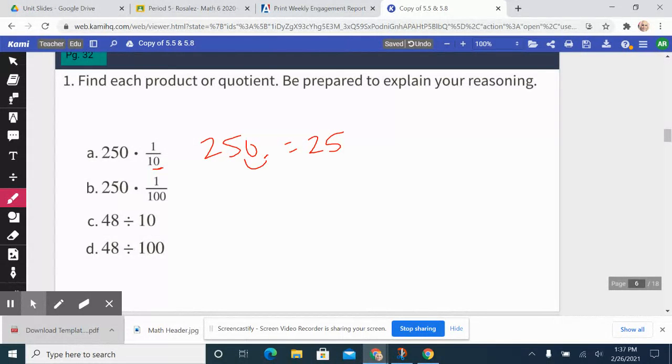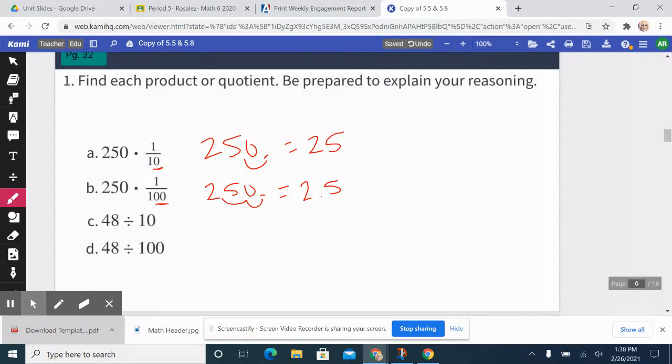Same thing that's going on here. Let's say I had 250 and I needed to do it to the 100th, right? So that's 2 decimal places. So however many zeros you see, that's how many decimal places we're moving. So on this one, 100 is 2 decimal places. So what you can do is if your decimal is right here, you can move it over 2, and your answer would at that point be 2.5.